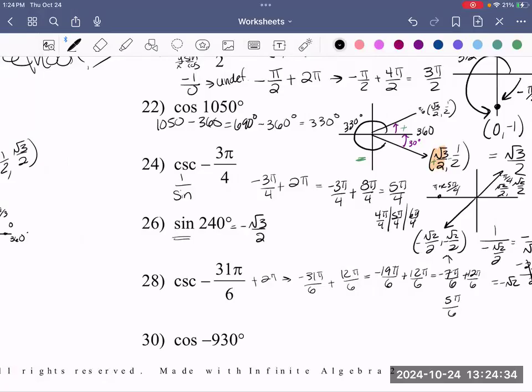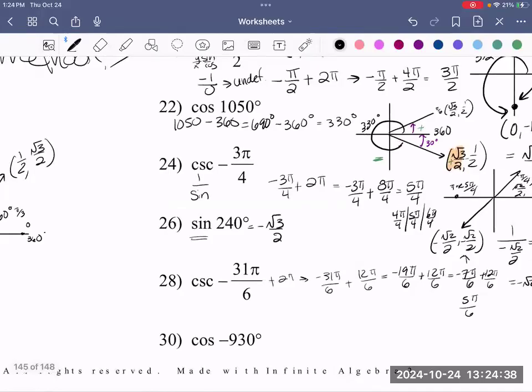So add those together. So we now have to look for 5 pi over 6 on your unit circle. 5 pi over 6 is a little bit less than 6 pi over 6. 6 pi over 6 is just another way to say pi.